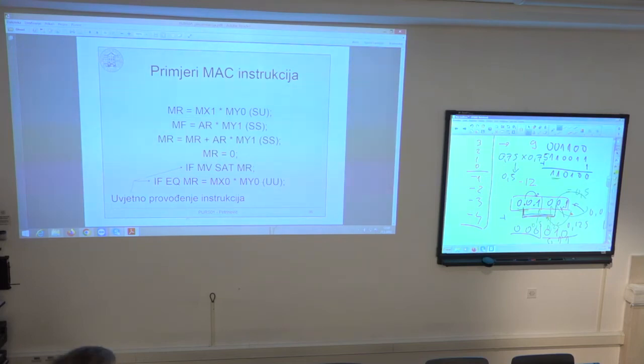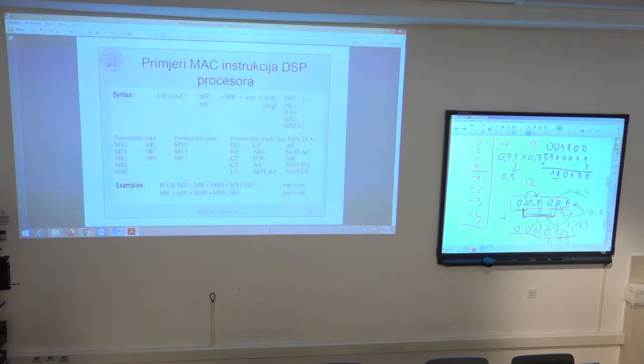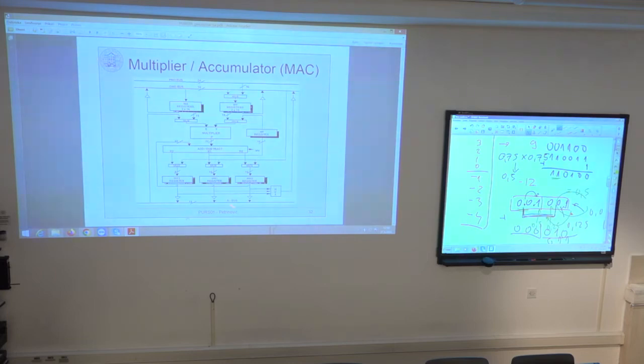And what does it mean when this MV is set, when this multiplier overflow occurs? It occurs when the result in these two lower registers is not consistent with the value in MR2.